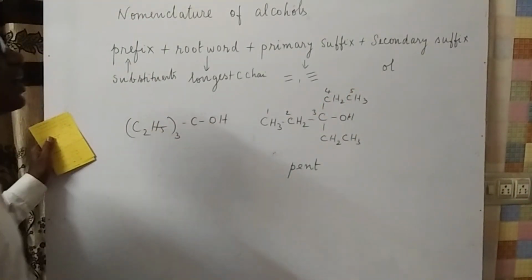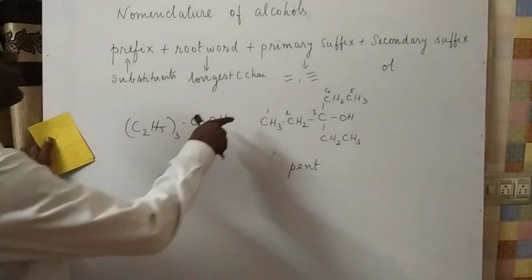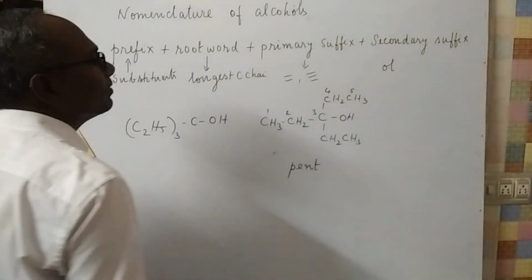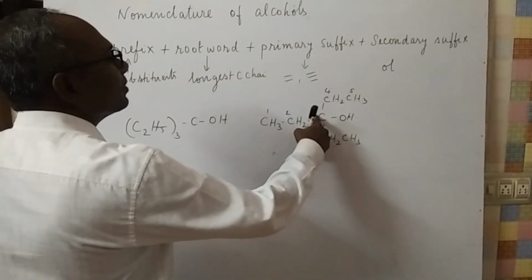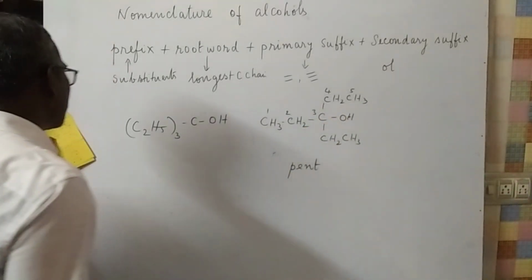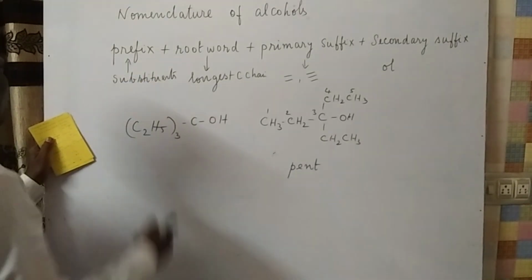While numbering the carbons, you should not jump without a bond, or come back in the same direction in which you have already gone. So that should be a straight count. So in the third carbon, an ethyl group is attached and the OH group is attached. Therefore, the first prefix speaks about the substituent.